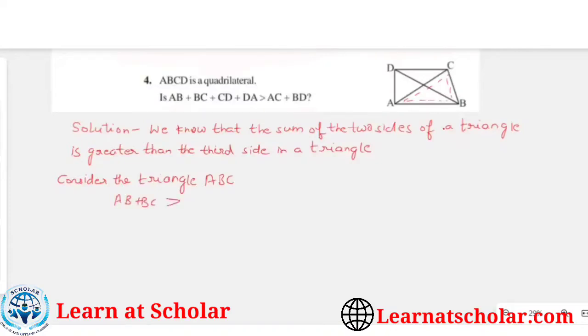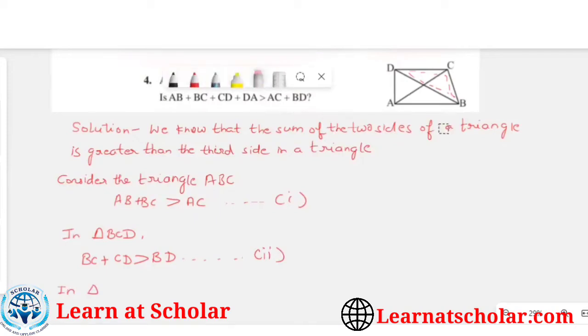AB plus BC is greater than AC. This was the first triangle, so it is the first equation. In this one, triangle BCD, BC plus CD is greater than BD. This is the second one.